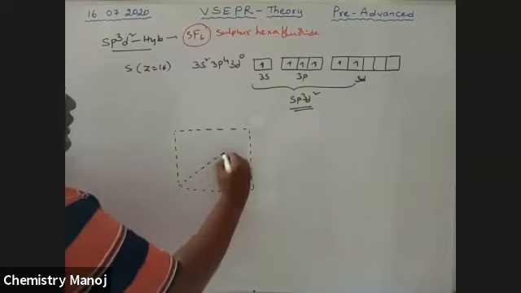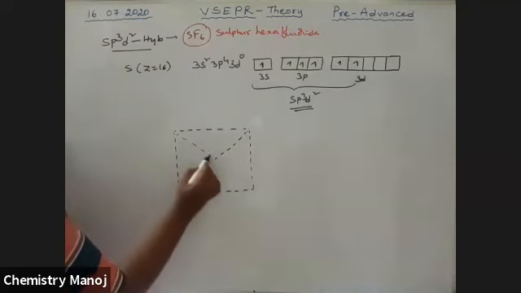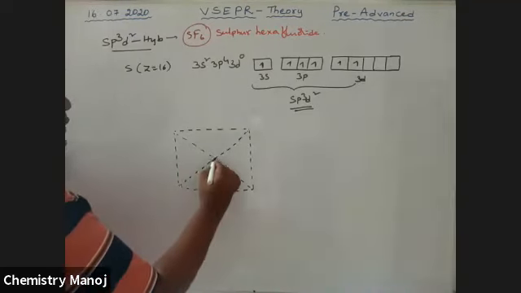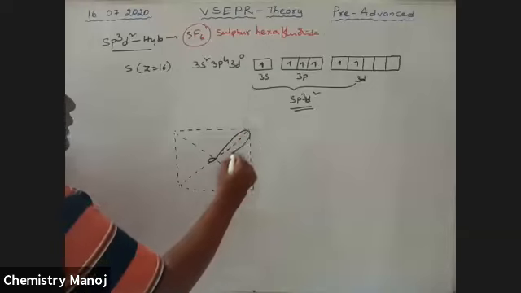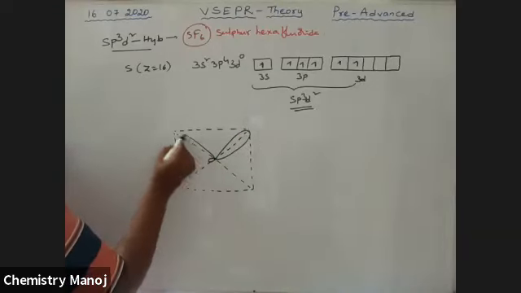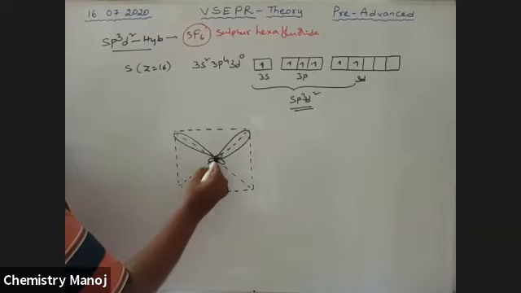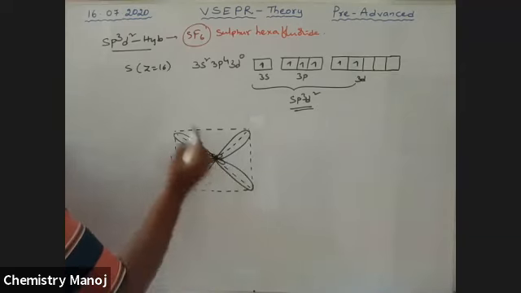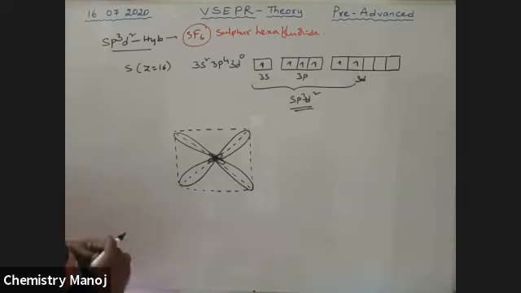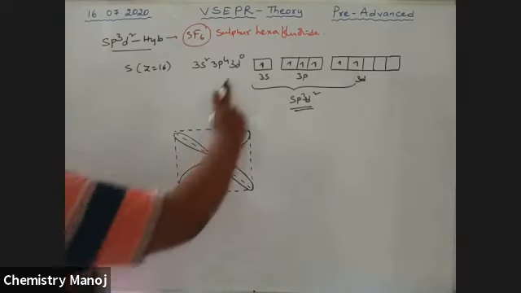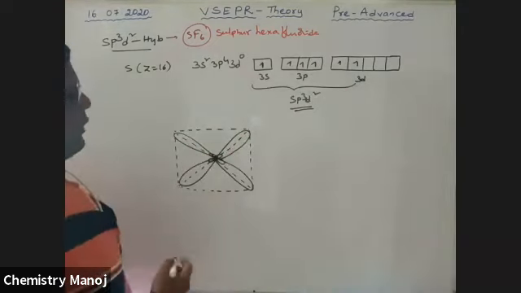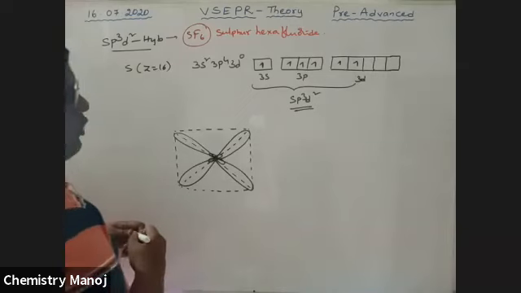If you draw this, it is equalized, all are in equal shape and no one is more or less. Each orbital has 1 unpaired electron, so these are equivalent orbitals.